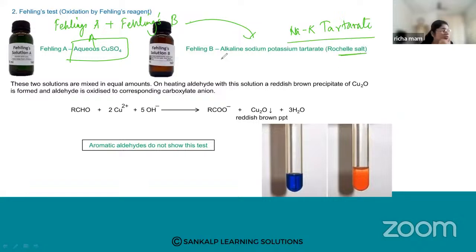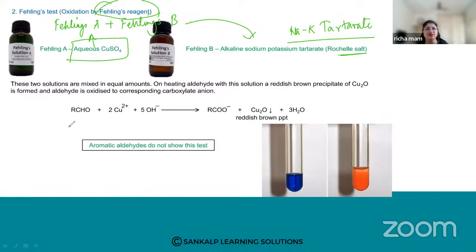When alkaline sodium potassium tartrate is mixed with aqueous copper sulfate solution, you get Fehling's reagent. If they ask you, you have to mention Fehling's A is aqueous copper sulfate solution, and Fehling's B is alkaline sodium potassium tartrate solution, that is Rochelle salt.